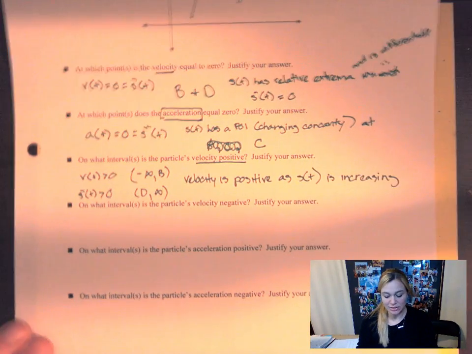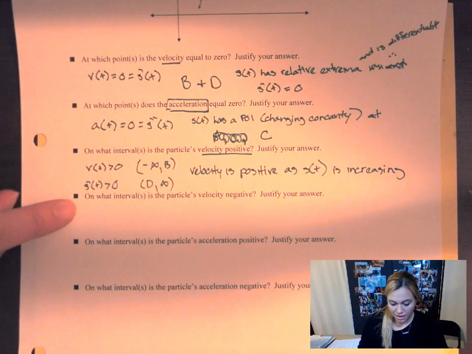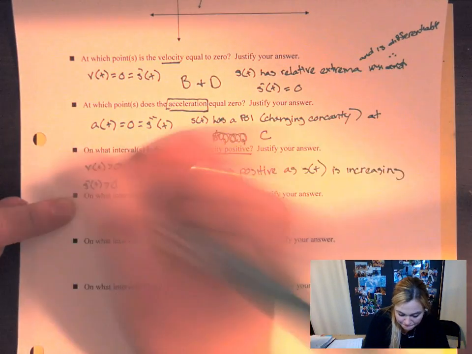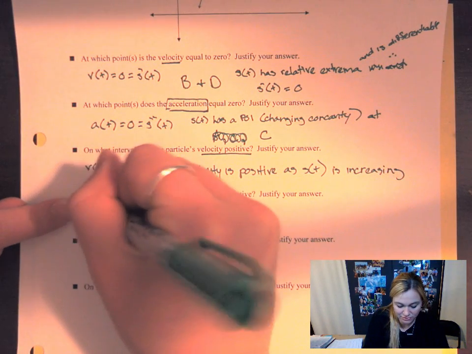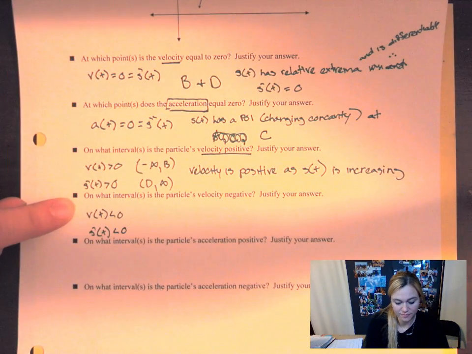Try these remaining ones if you haven't already, and then go through and fill in your answers with me too. On what intervals is the particle's velocity negative? So I want velocity is negative. That means s prime of t is less than 0.